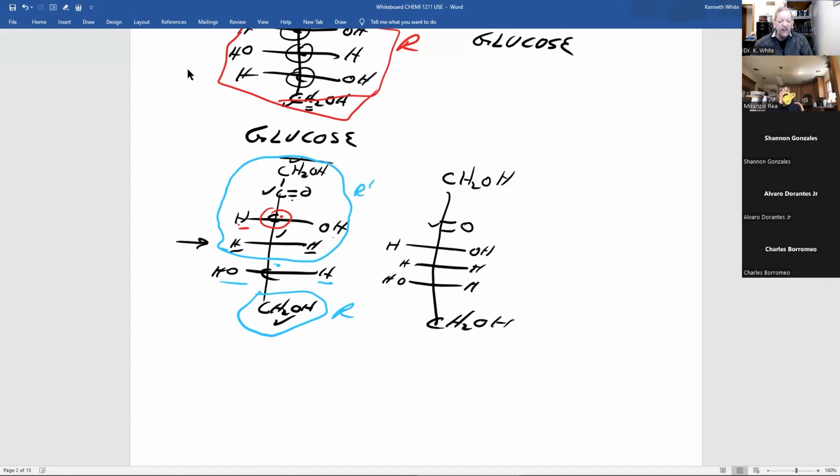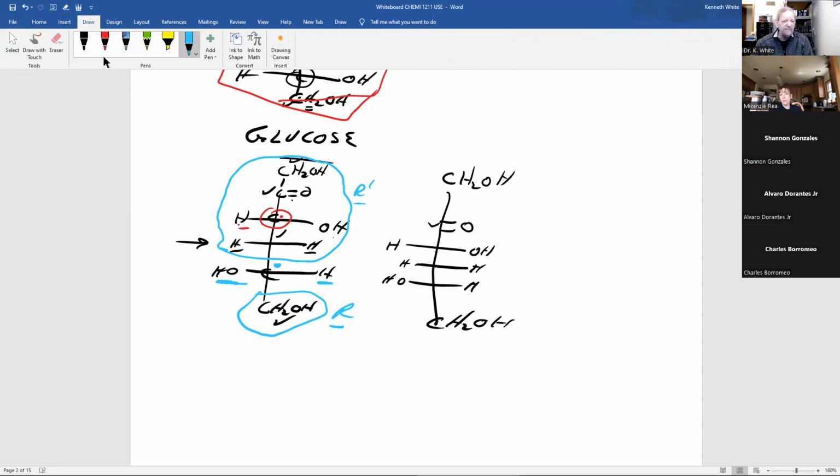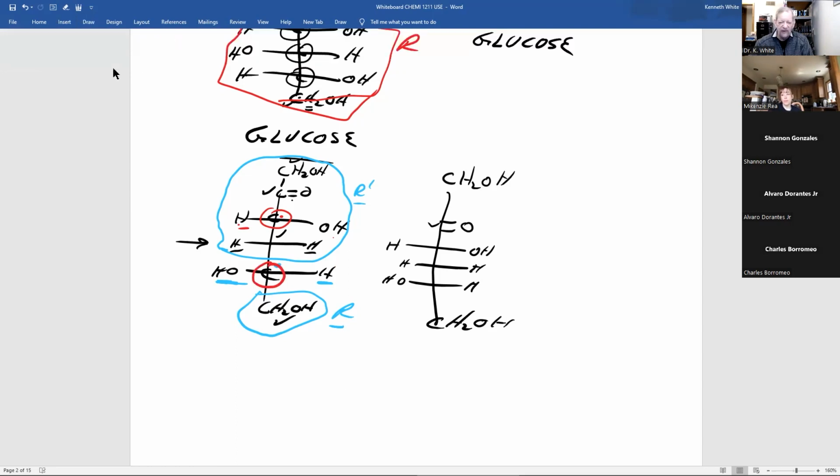So if we look at this carbon right here: hydroxyl group, hydrogen, R, R prime, four different groups, four different atoms, in this case, a combination. So this would be a chiral carbon, and this carbon, same thing. And that's how you do enantiomers, and that's how you also do chiral carbons.